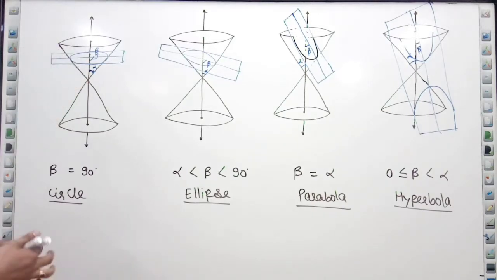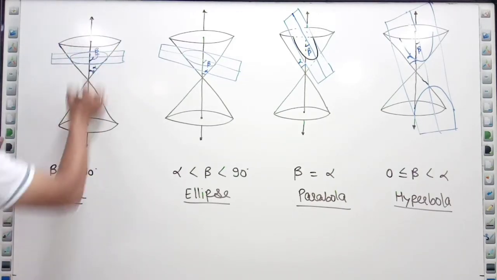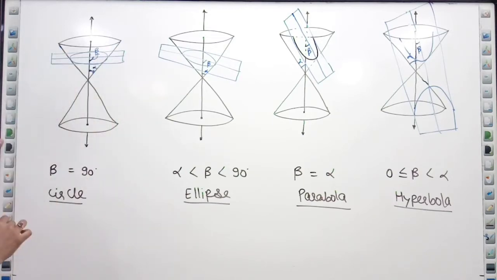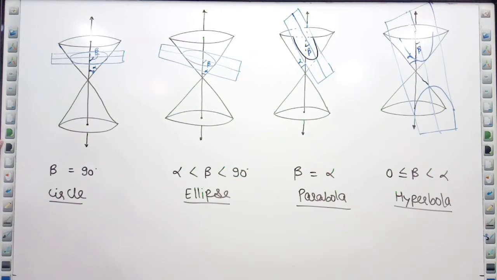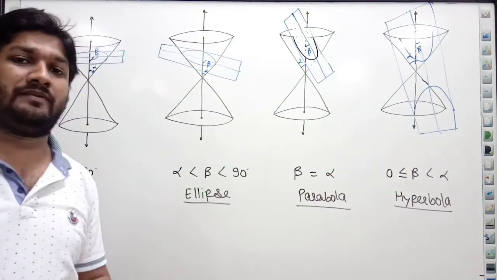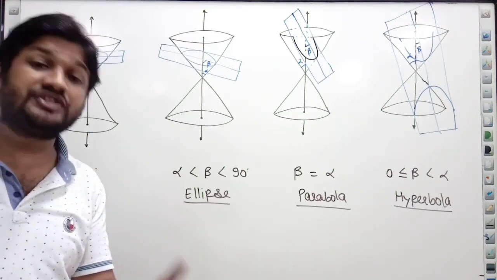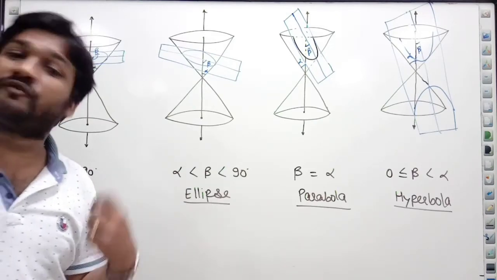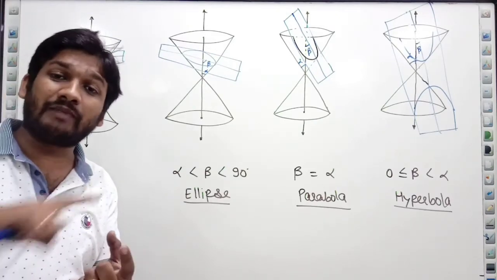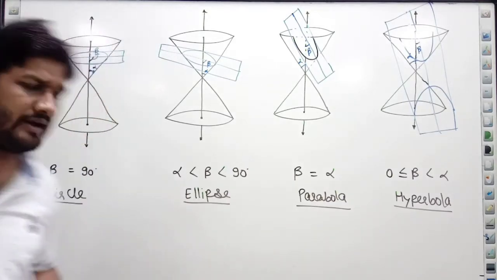Now you can see this is angle beta, in between the axis and the plane. Now if beta is 90 degrees, you can do an experiment by taking any shape like a conical ice cream, or any vegetable like a carrot, and cutting it by a plane.